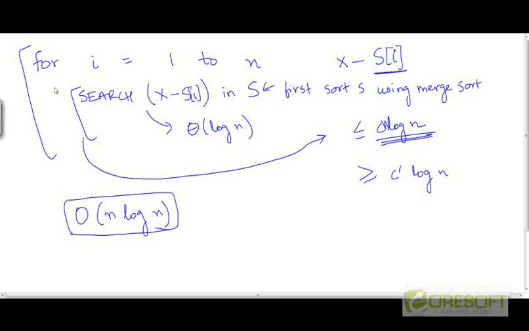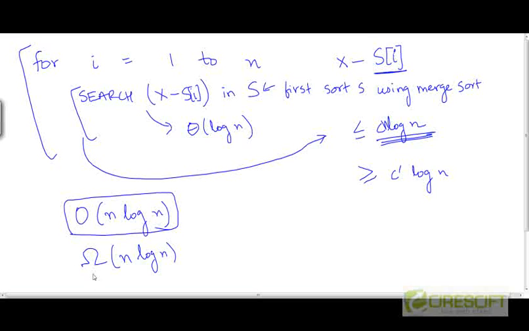So we can run this loop n times for all possible values of i, and we'll end up with a total running time that is bounded from below by a constant multiple of n log n. And so we can say that the worst case time is big omega of n log n.